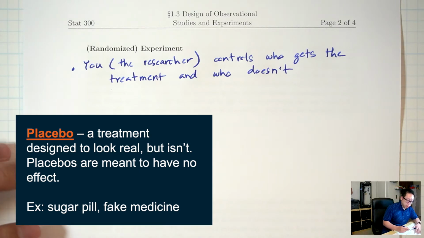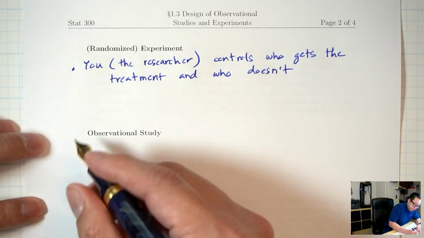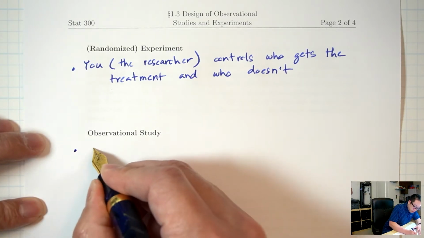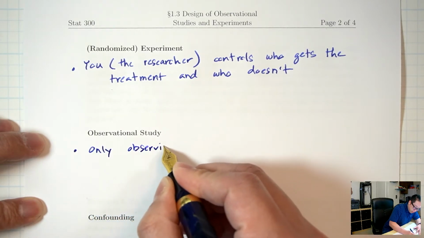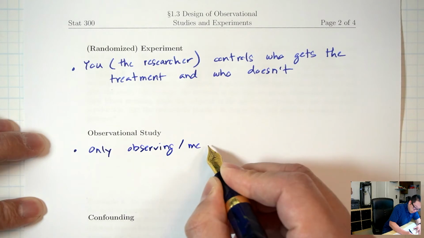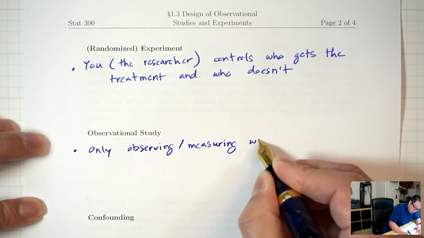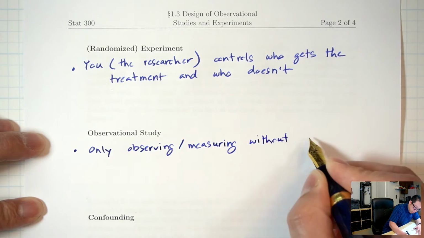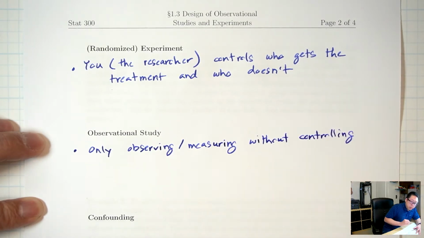In an observational study, you're not doing that. You're only observing or measuring, without controlling who gets the treatment and who doesn't.